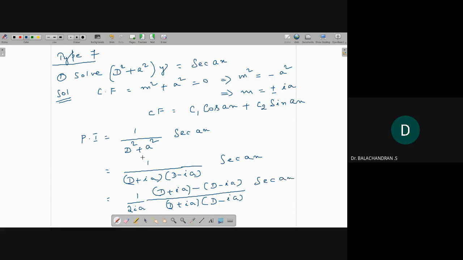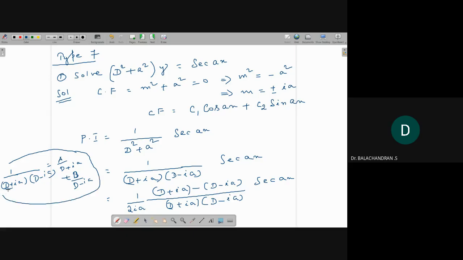For 1 by (D plus ia)(D minus ia), use partial fractions: a by (D plus ia) plus b by (D minus ia), and find the values of a and b.